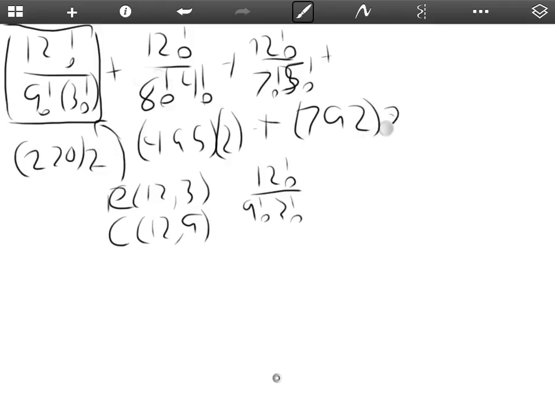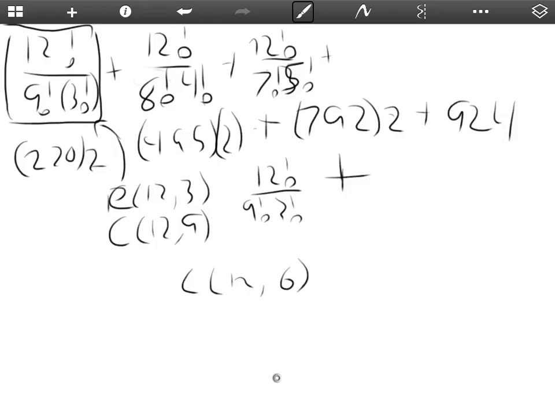Then for 6 and 6, we compute C(12,6): 12 times 11 times 10 times 9 times 8 times 7 divided by 720 is 924.